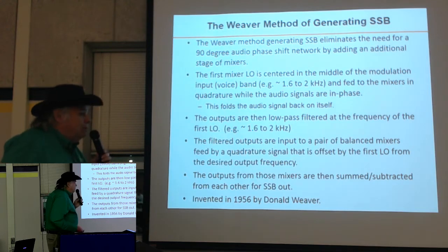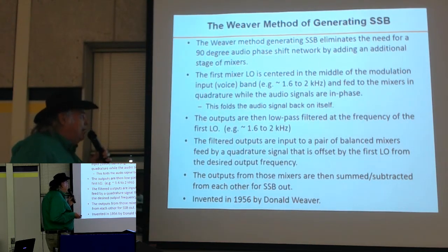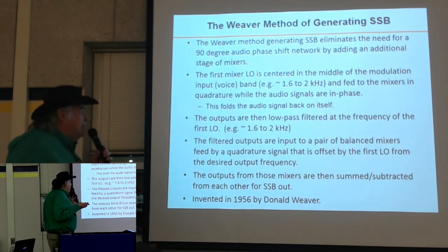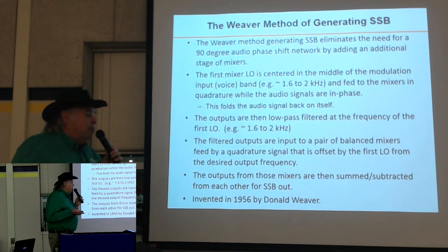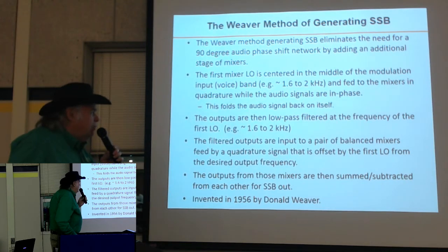And I have a pictorial here that explains it a little better. Basically, he takes the first local oscillator and puts it in the middle of the modulation input band. So say our audio bandwidth going in is 300 to 3200 hertz, he would put the LO in at 1.6 kilohertz.